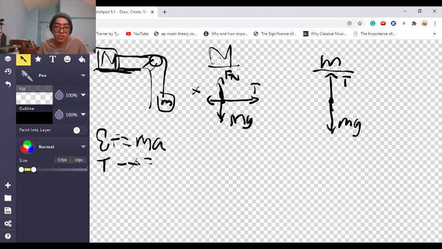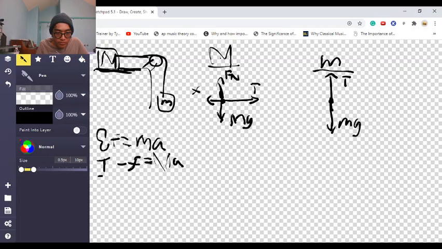Tension minus frictional force would equal the mass of the object, which is just big M, times the acceleration.